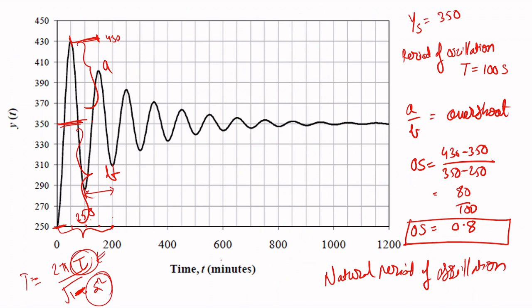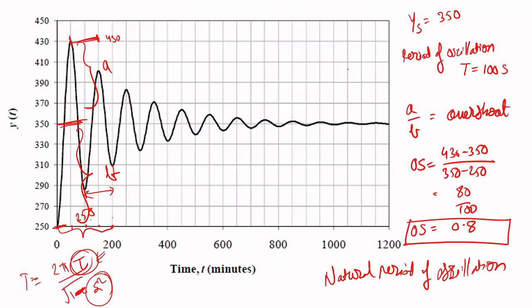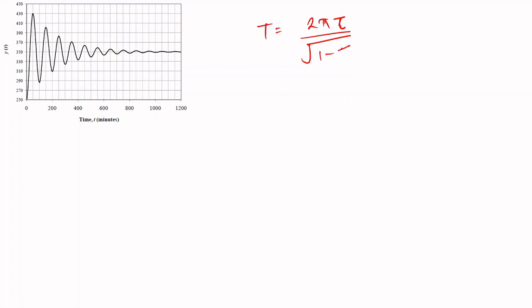So we can put it in the formula of the time period of oscillation to find the natural period of oscillation. So T is 2 pi tau upon under root of 1 minus zeta square. The time period of oscillation from the graph we found out to be 100 seconds. We can write this as 100 is equal to 6.28 into tau, which we have to find, upon under root of 1 minus 0.07 squared.